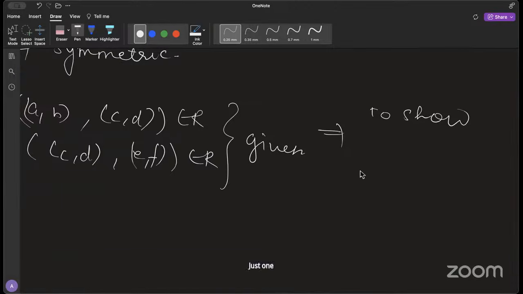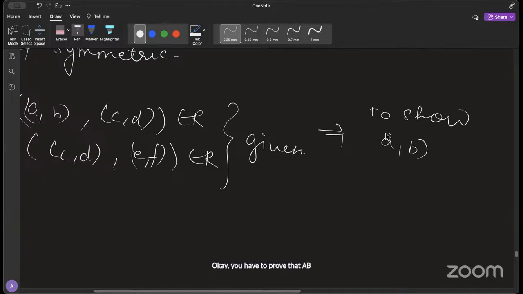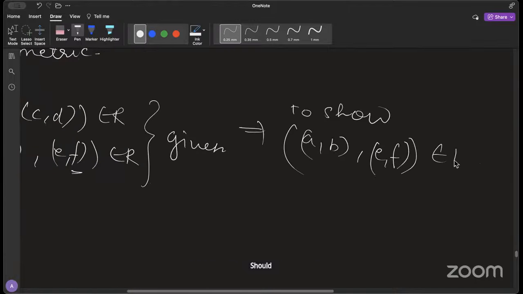Just 1 second. Okay, you have to prove that AB and EF, this one and this one, when paired together, should be in R, right?